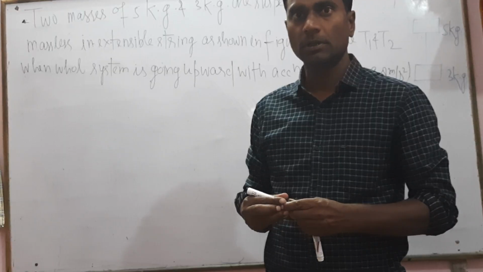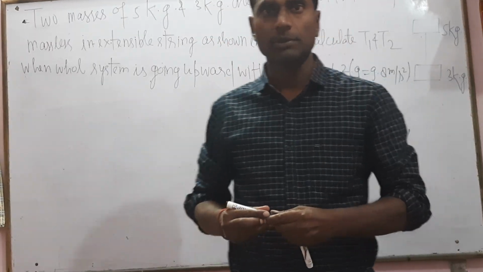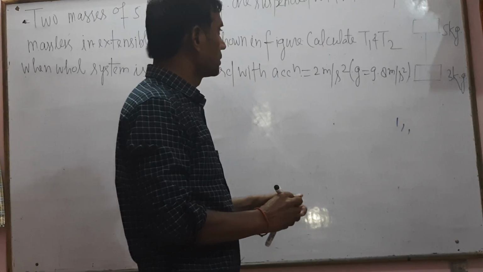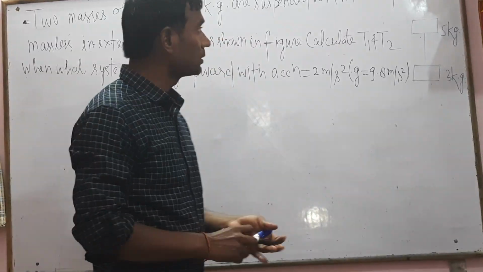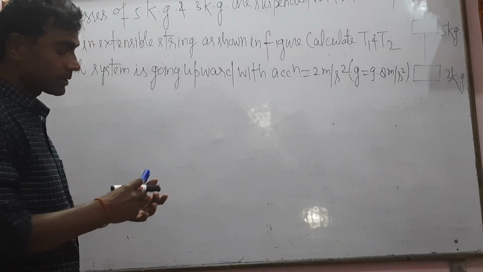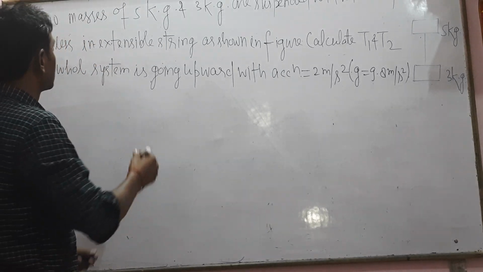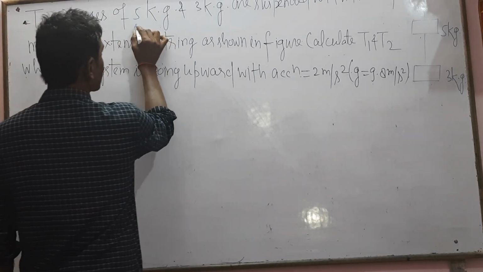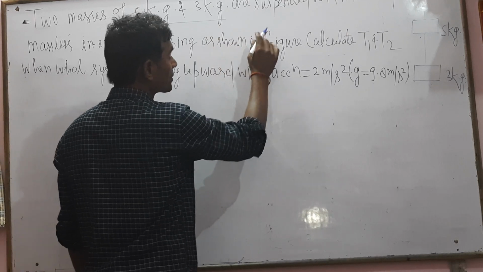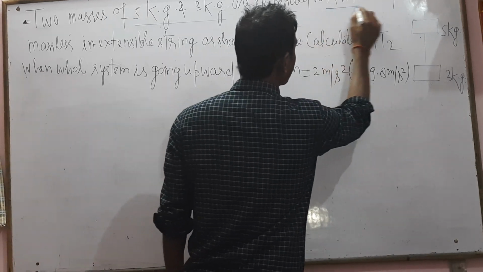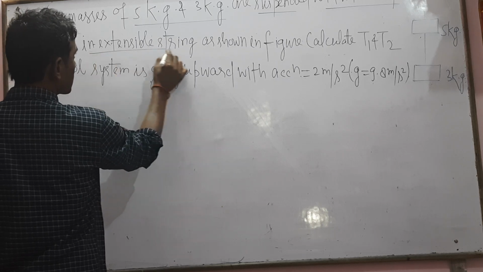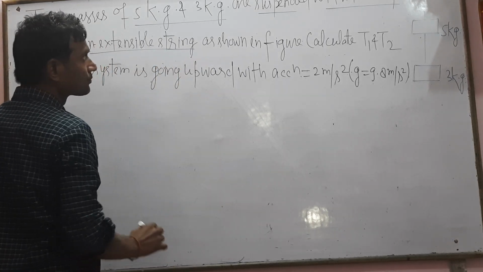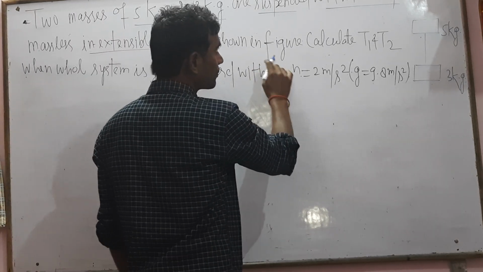Hello everyone. This question is from laws of motion. Two masses of 5 kg and 3 kg are suspended with the help of massless inextensible strings, as shown in the figure.